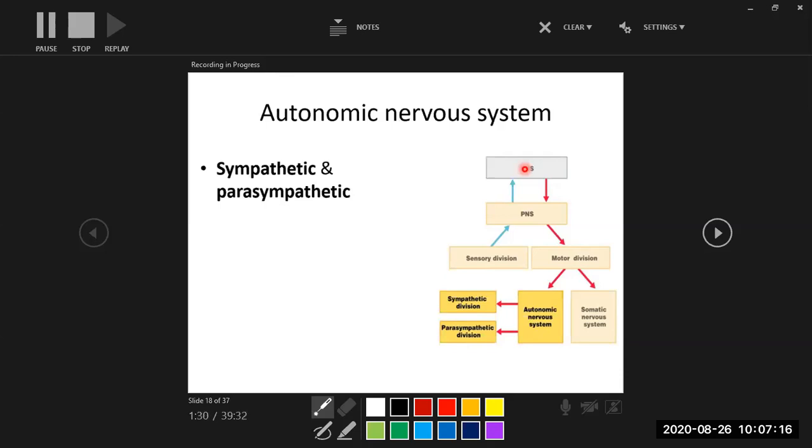So that sensory portion is the part of the peripheral system that gets any information around our body: seeing, feeling, tasting, hearing, or inside of our body, like the amount of blood pressure change, the amount of CO2 level.